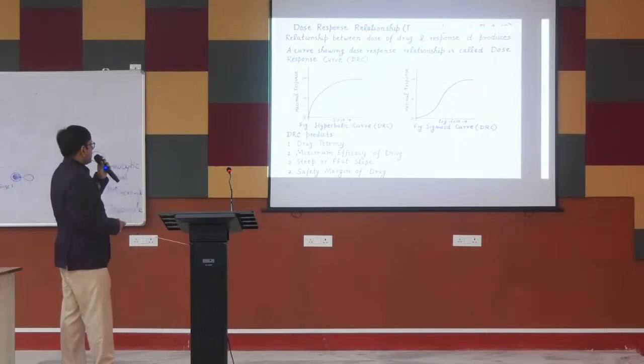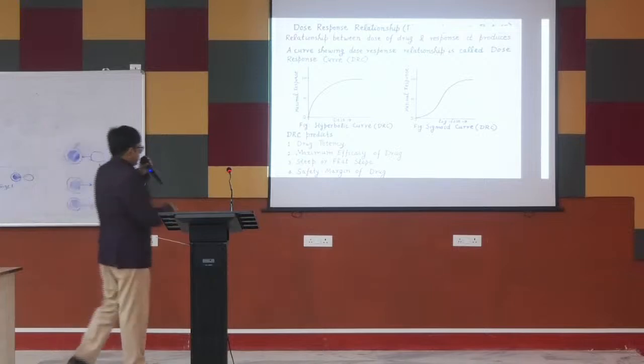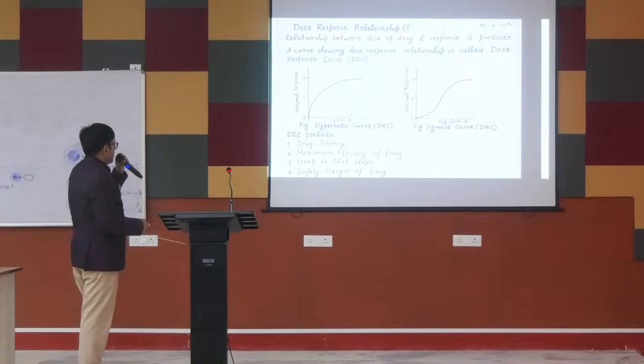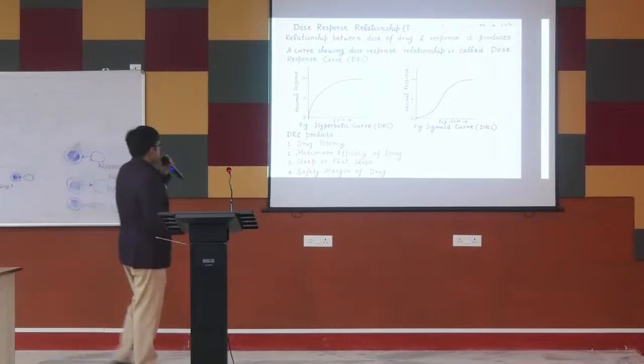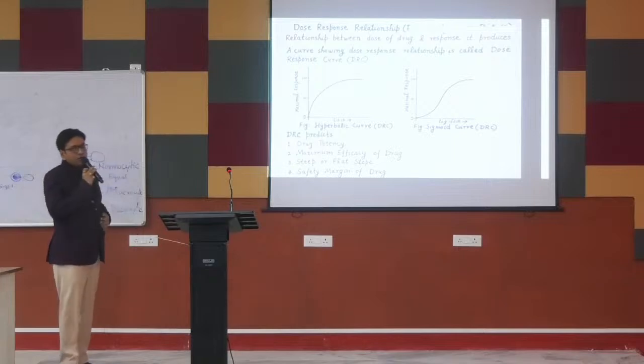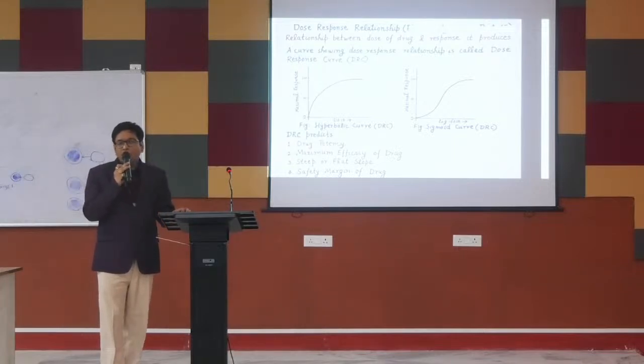And when we do that, we get this curve, which is called the dose response curve, and it is a hyperbolic curve. What is the importance of the dose response curve? We will come to it. From the dose response curve, we get a lot of information about the drug.